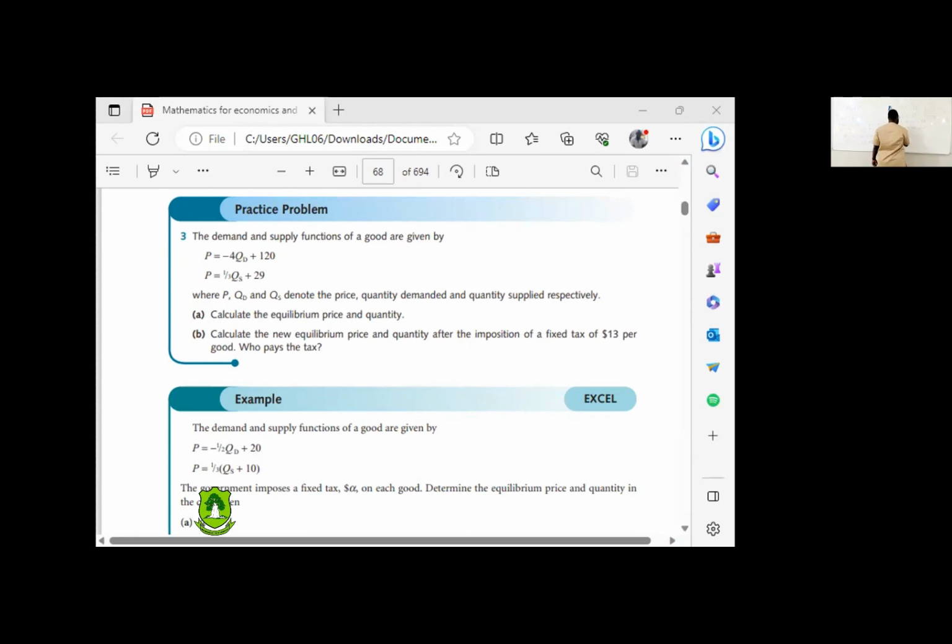This one will give us 84, plus 120. So 120 minus 84 will give us 36. Which means that our equilibrium price is 36.